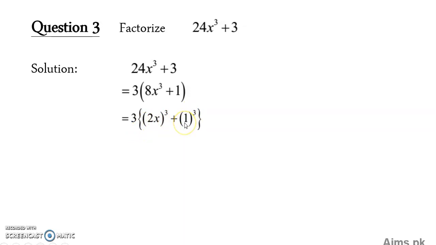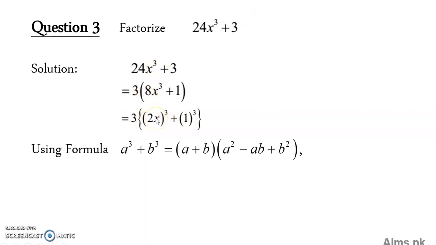So to factor, I'll be plugging 2x and 1 into the sum of the cubes formula. This is the formula. I'm going to apply it. This is my a term, this is my b term. See, instead of a, I have written 2x, instead of b, I have written 1.